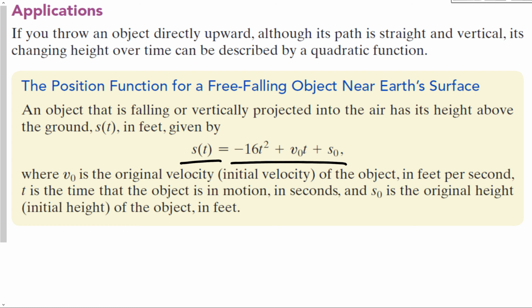An object that is falling vertically or projected into the air has a height above the ground, s of t, in feet, given by s of t is equal to negative 16t squared plus v sub 0 t plus s sub 0, where v sub 0 is original velocity, or initial velocity, in feet per second. T is time that the object is in motion in seconds, and s sub 0 is the original height, initial height. Maybe you remember this from physics.